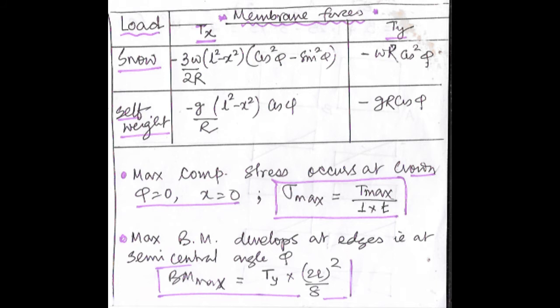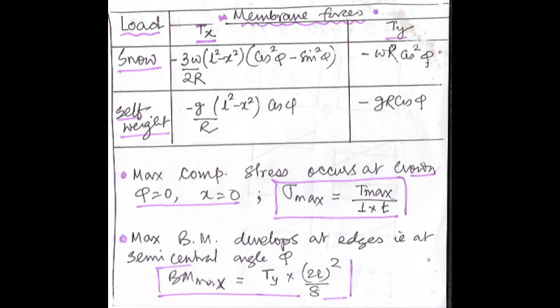At the crown the semicentral value is 0, obviously, and the x coordinate is also 0. So you put x equal to 0 and phi equal to 0, find the values of Tx and Ty, and out of that whichever is the maximum will be the value of T max.